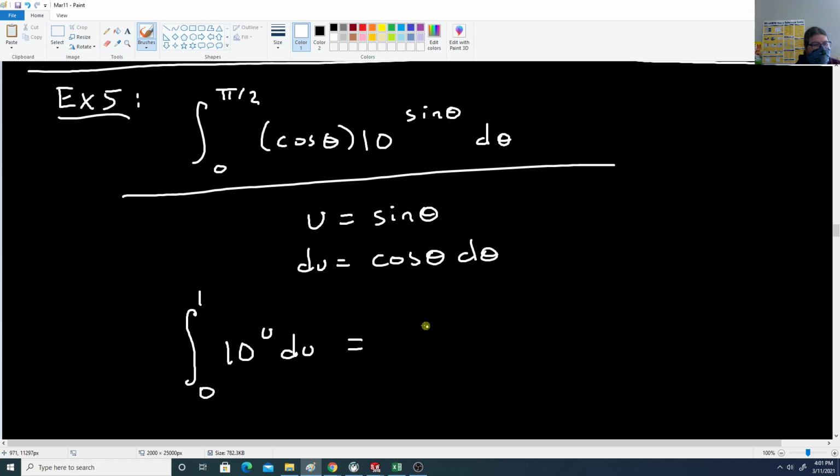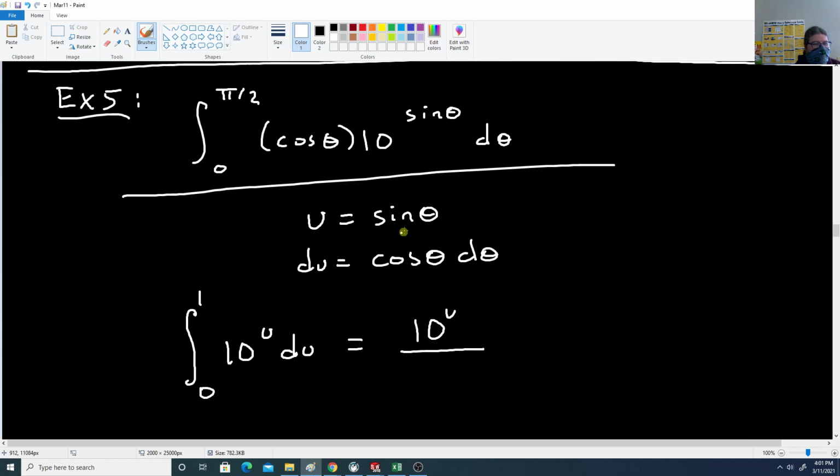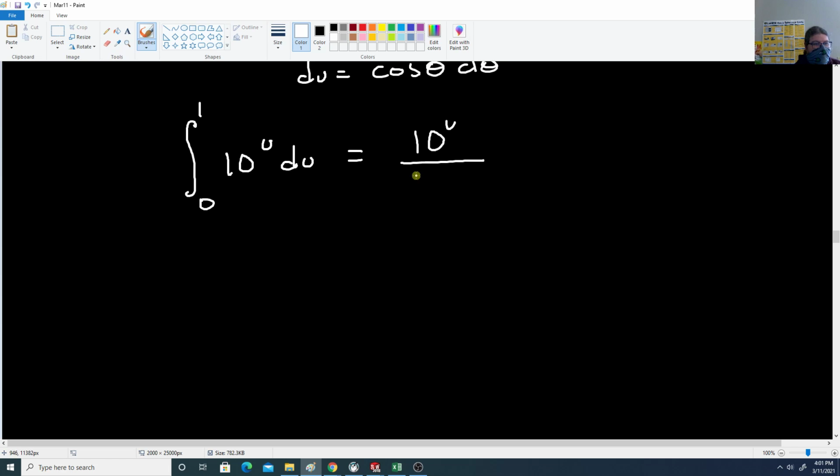So when I go to take the antiderivative of this, I get 10 to the u over natural log of 10, using this equation here, where b is 10. That's evaluated from 0 to 1.